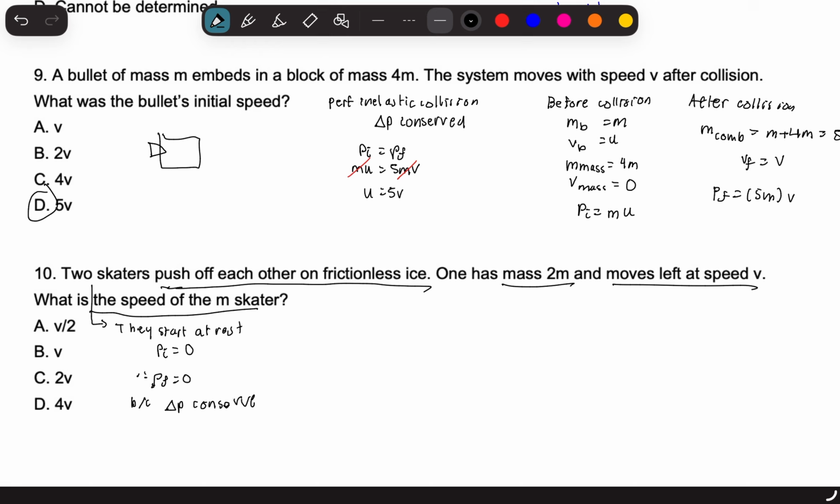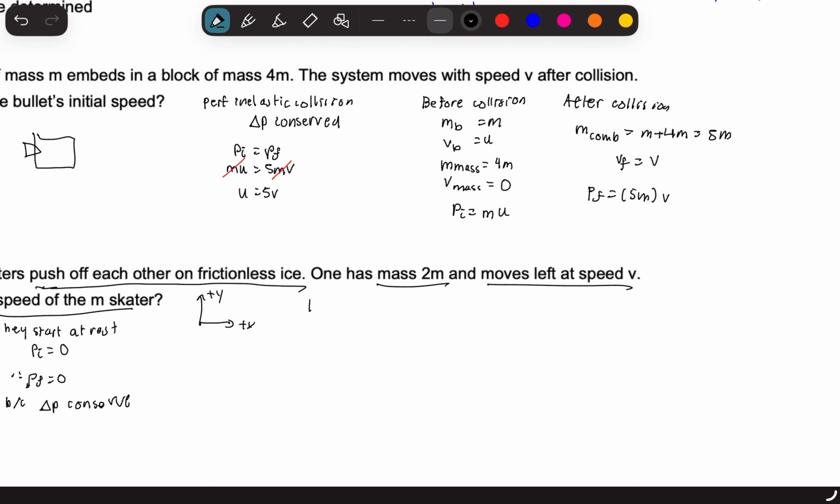So now we can write the momenta. Let's make the right side be positive. So we know that for P1, our 2m skater is going to move left. So if it's going left, we're going to say negative v. That's going to be negative 2mv. Now for P2, it's going to be a mass of m, and it's going to move with speed of u.